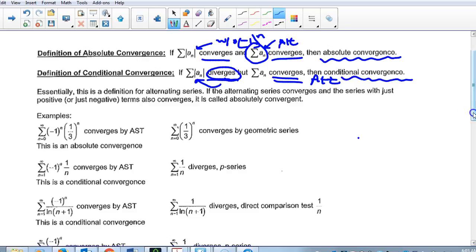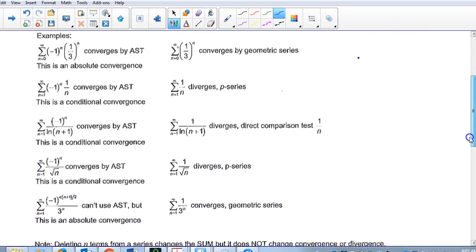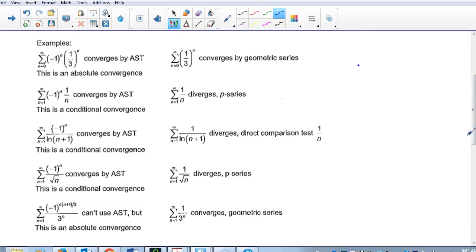So here are a bunch of examples just so you can see what's going on. So this first one, and look at the tests that you use. So we usually use geometric, p-series, we use direct comparison, so don't forget about direct comparison. But those are the ones usually that we compare these to.